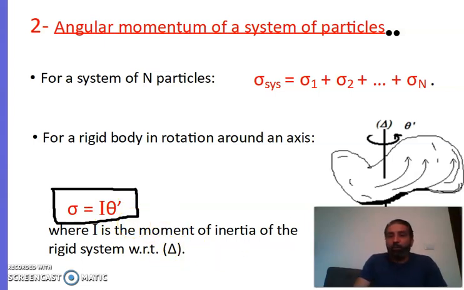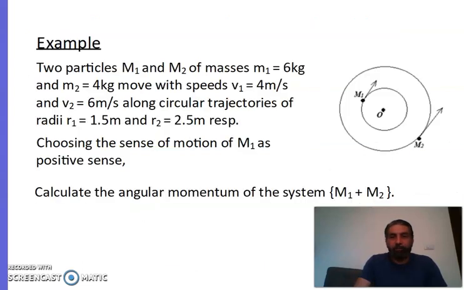Let's, for example, do an application about this rule, a direct application. We have here two particles, m1 and m2, say any two planets, of masses 6 kilogram and 4 kilogram, moving with speeds v1 and v2 along circular trajectories, choosing the sense of motion of m1 as the positive sense.